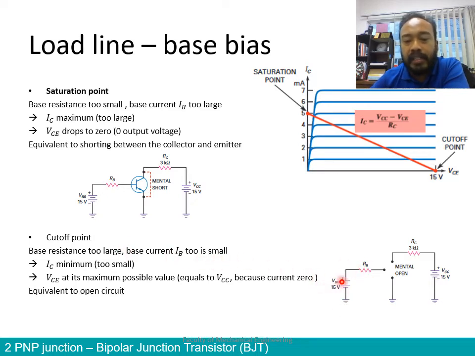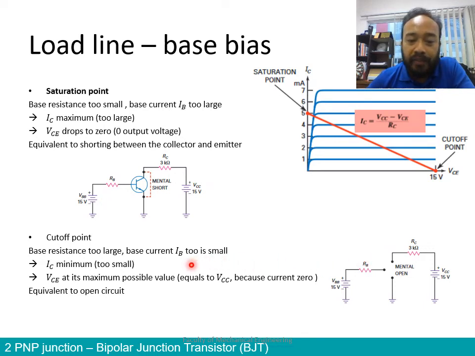So what will happen is that the base current will be too small, and then the current pulled out of the collector will also be too small, close to 0. So you don't have any current circulating. From an electrical point of view, it's just like an open circuit, so there will be no current circulating.